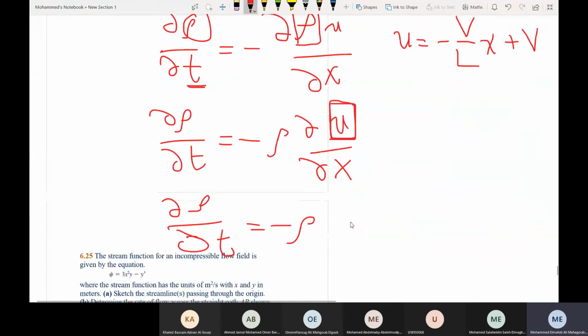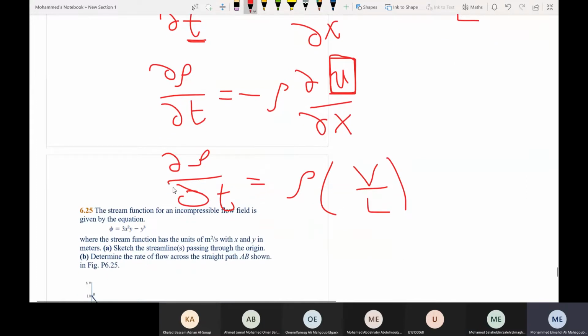What will you get? You will get minus v over L, right? This is a constant, and this is the derivative. Here we have x to the power 1, so it goes, and we have only minus v over L. Is it clear so far? Clear. Okay, we can take the minus with the minus, and then we have this.